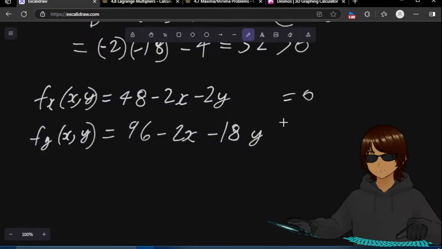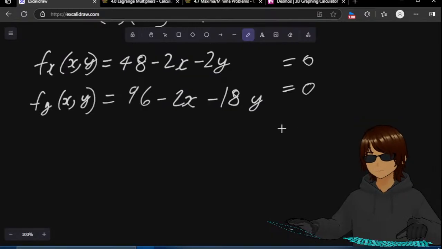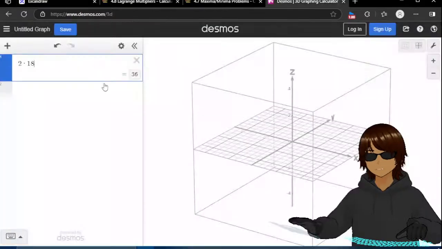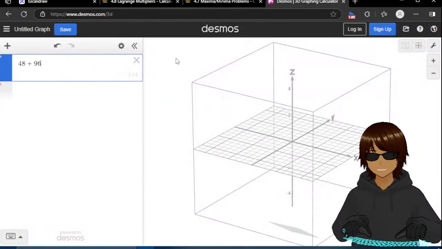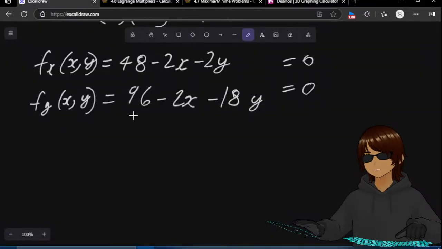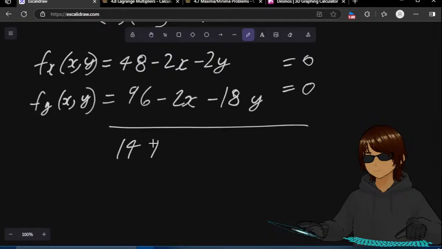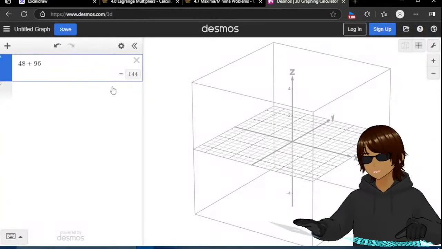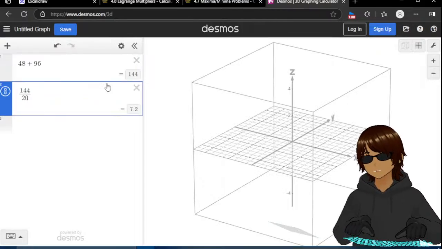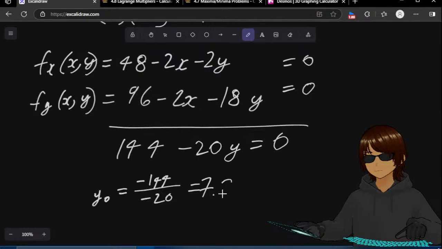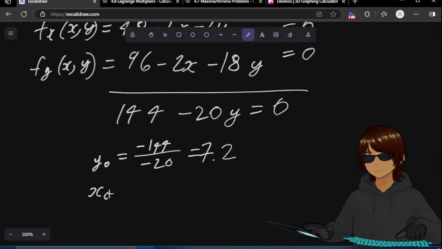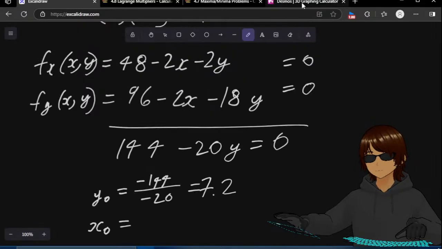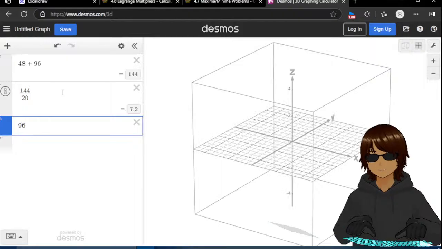So we can add these two. 48 plus 96 is 144, minus 20y is negative 144 over minus 20. 7.2. 96.